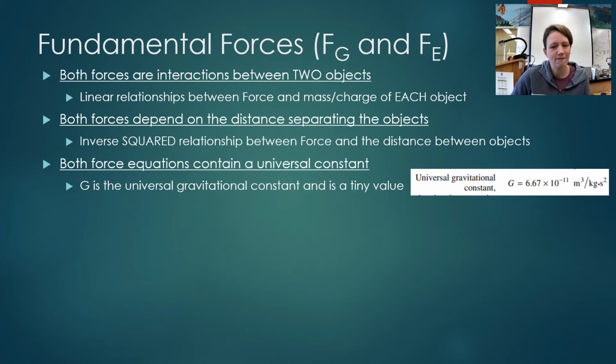And this is actually a very tiny value. It's given to you on your AP equation sheet. The value of G is 6.67 times 10 to the negative 11th. You probably won't need to use it in this class. You did in AP1 if you took that, but mostly I want you to know that it has a universal constant and that for G, it's a very small value.